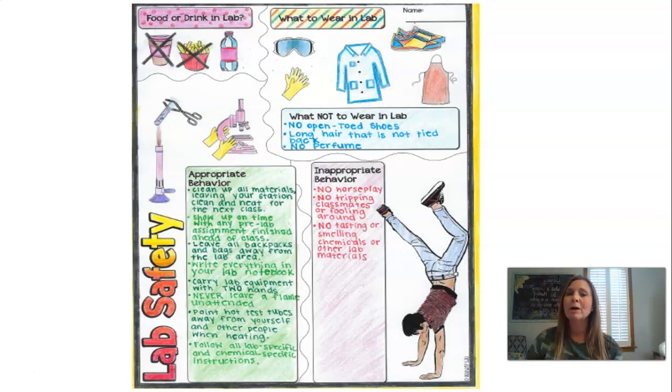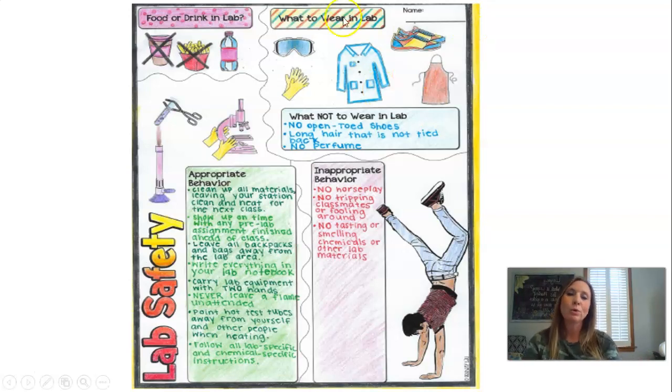If you have me third block and you're starving, I am sorry, but I have materials in my classroom that can be highly poisonous for you, and I would not want that to happen. So no food, no drinks. Water is allowed. Normally, if you have water bottles, I will just ask that you put them on the back tables or by my desk.